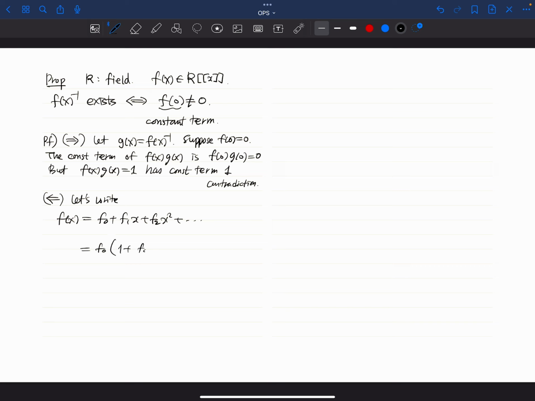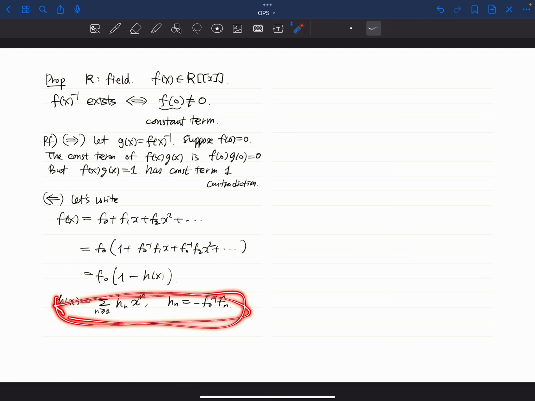We can factor like this: f0 times 1 plus f0 inverse f1 x plus f0 inverse f2 x squared, and so on. I'm going to rewrite this as 1 minus h(x). This h(x) has only terms with a 0 constant term, where hn is minus f0 inverse fn. So if we define h this way, then this holds.